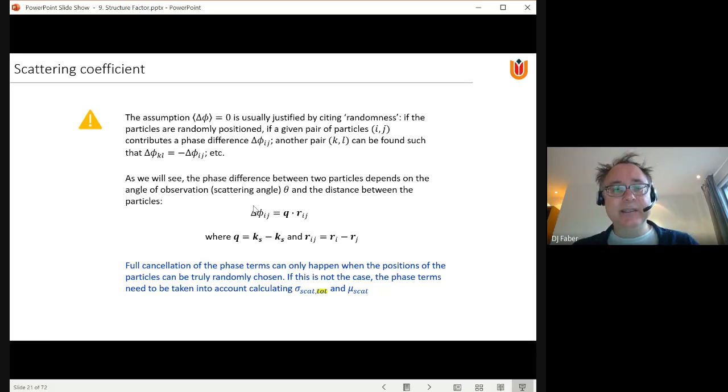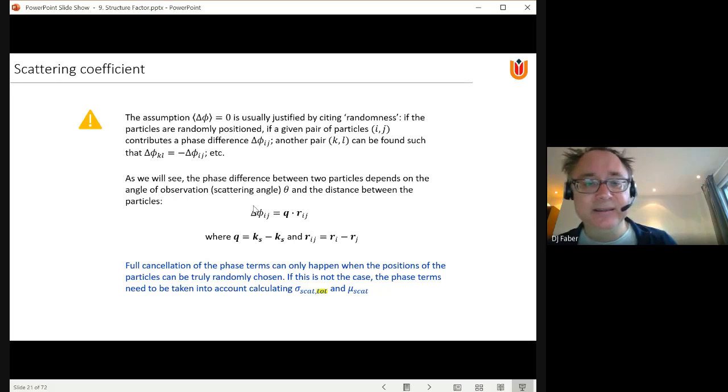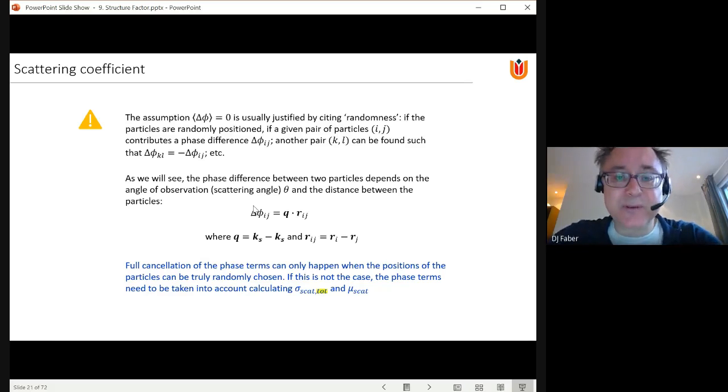What we'll see is that the phase difference between two particles depends on your angle of observation. That is the scattering angle theta, under which you observe the scattered light, and the distance between the particles. It can be expressed as the inner product of two vectors, the vector q and the vector rij.